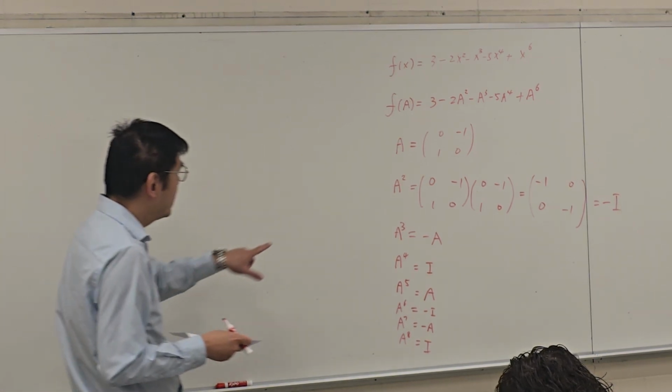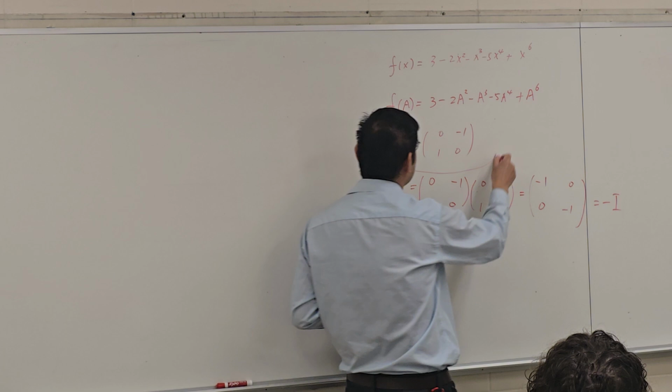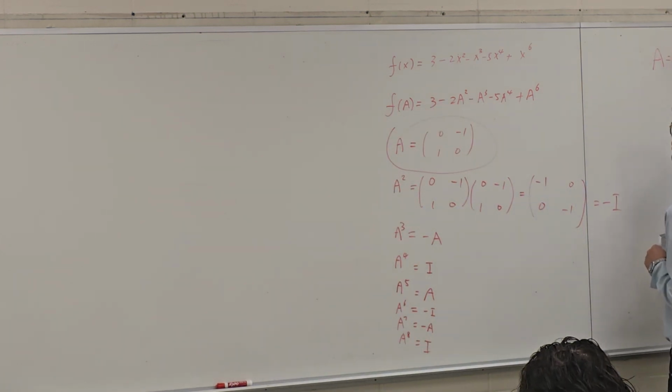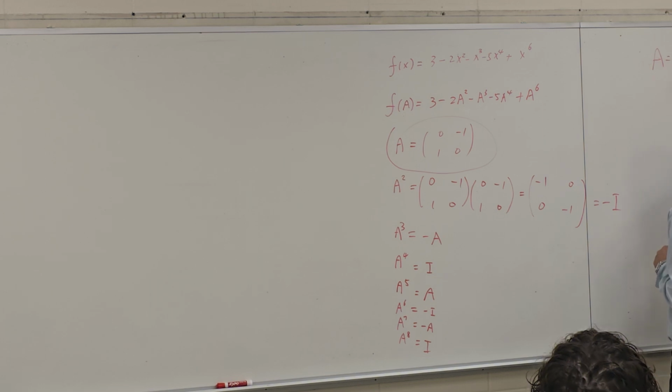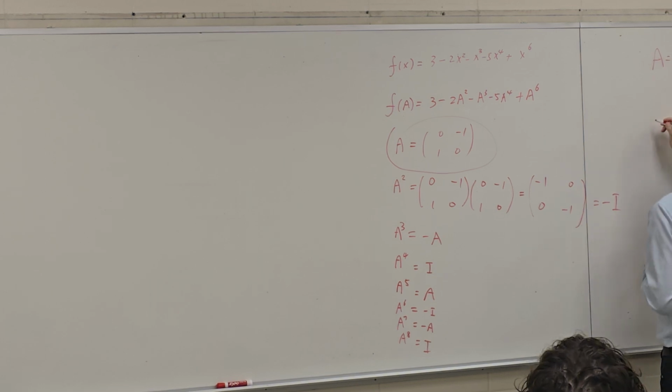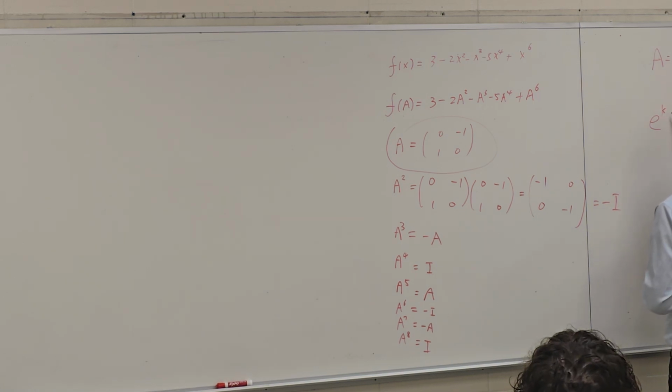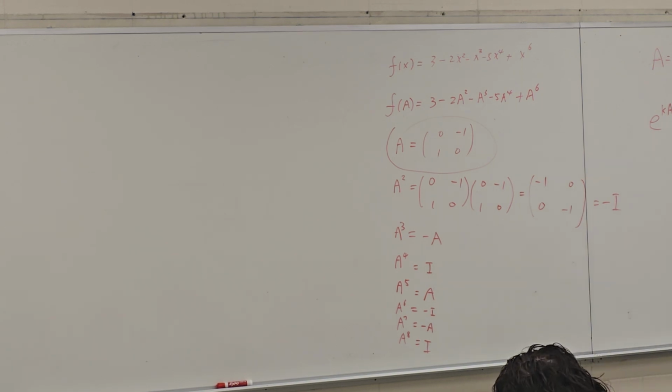So now I keep this choice of A, and I want to evaluate the exponential, e to the A, let's say. Can you put a matrix on top of the exponential e? How are you going to evaluate that?